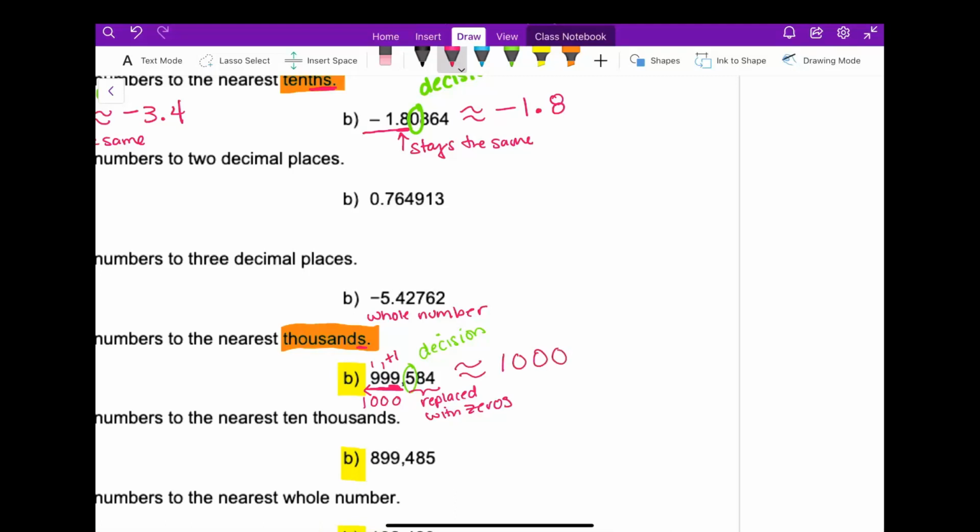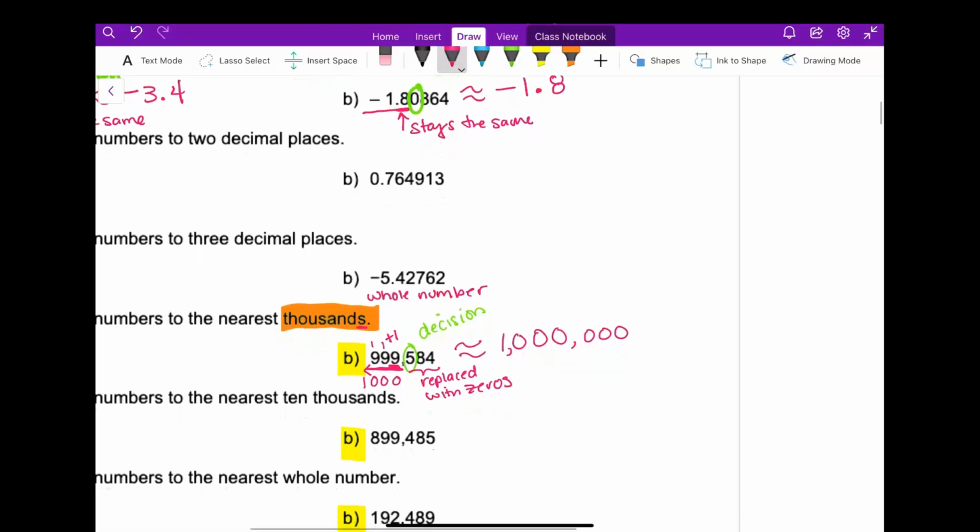That's from the underline. And then we're going to replace with zeros. 1, 2, 3. I'm just counting the number of zeros so I don't miss anything. And we ended up with 1 million. This is our thousands place. We have rounded to the thousands place.